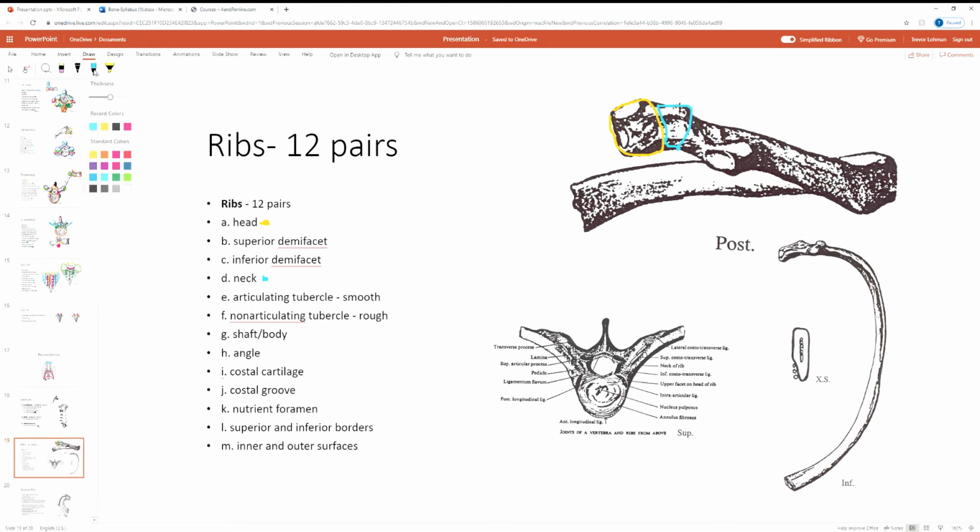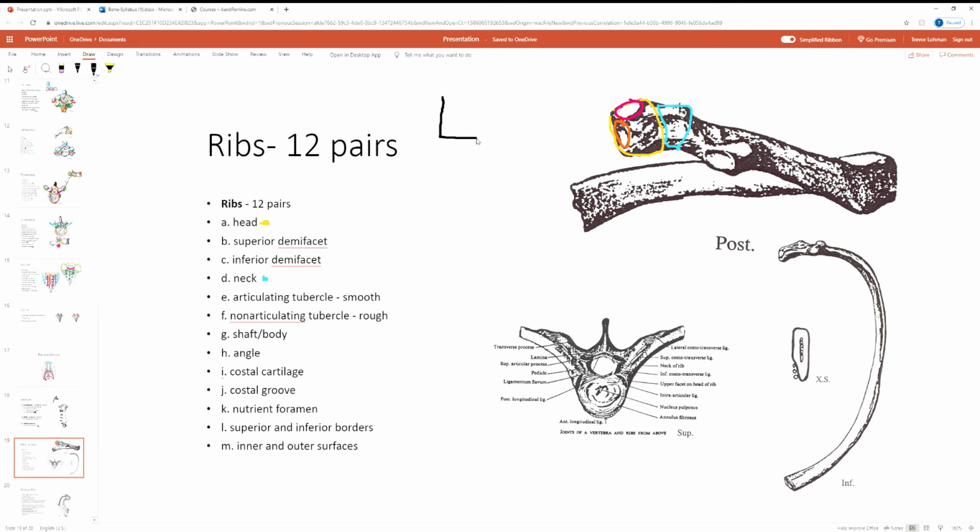And then we have superior and inferior demifacet. So here's the superior demifacet and the inferior demifacet. So it's kind of like this little wedge, right? So if you picture, I don't think I'd advise you drawing this. It probably won't look good for me or you.